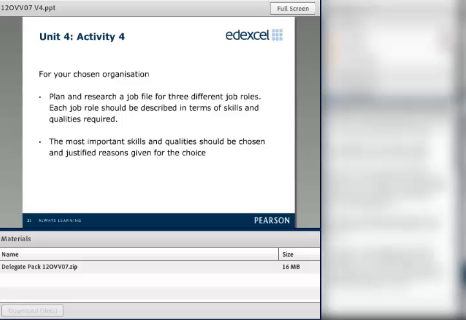The second part, because this is an 18 marker, is that they've got to go through and pick the ones that are most important, and explain or justify why they chose those ones as being the most important.